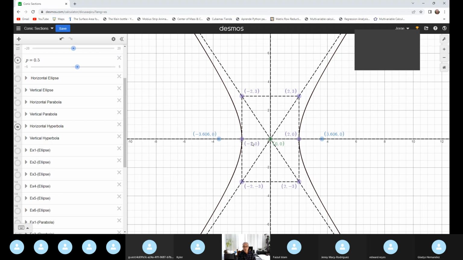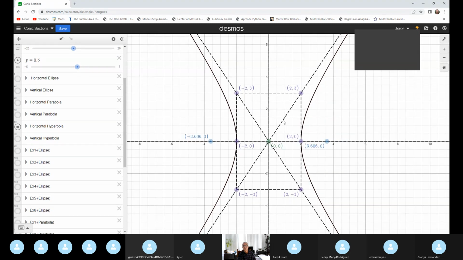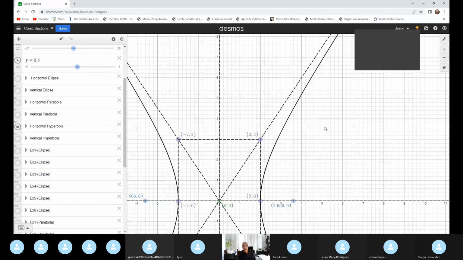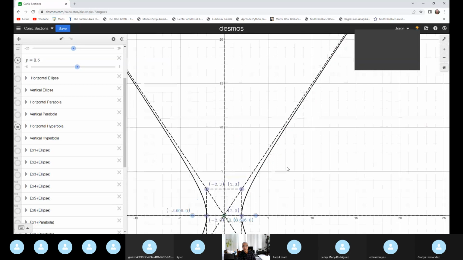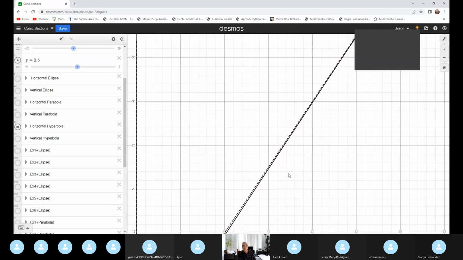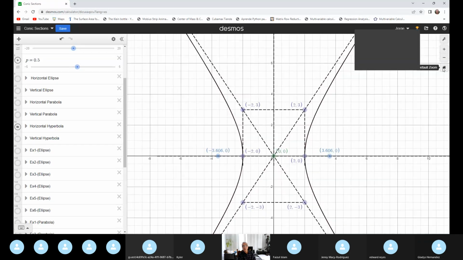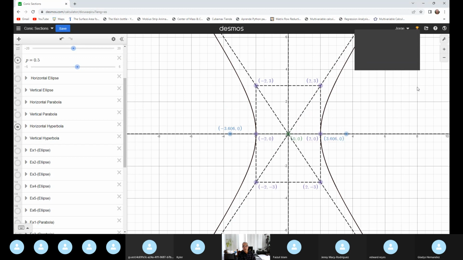We have the famous reference rectangle, the height is 3, and we connect the corners, and we have the two asymptotes. Look how the hyperbola approaches them but never touches the asymptote. You see? Basically, the foci are at the radical 13, which is approximately 3.6. Okay, the geometry is clear, right?